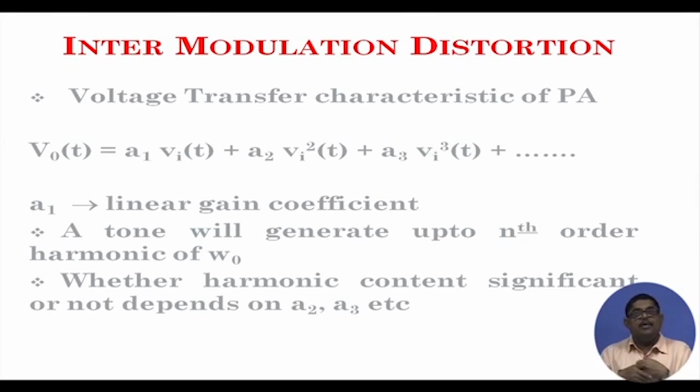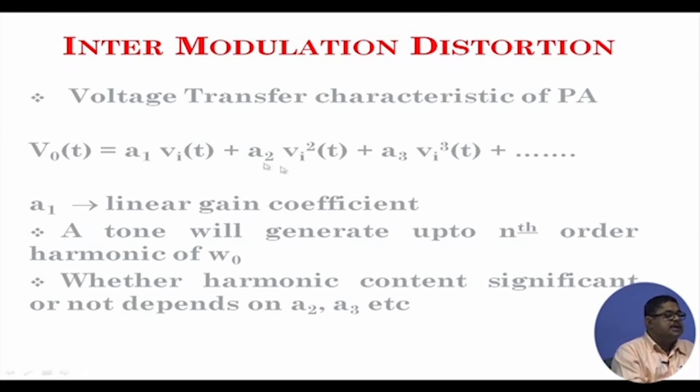For them the superposition principle is not valid, that means the additive property and the scaling property are not valid. So, there I can also have components like the square of the input, the cube of the input etc., with the proper coefficients.